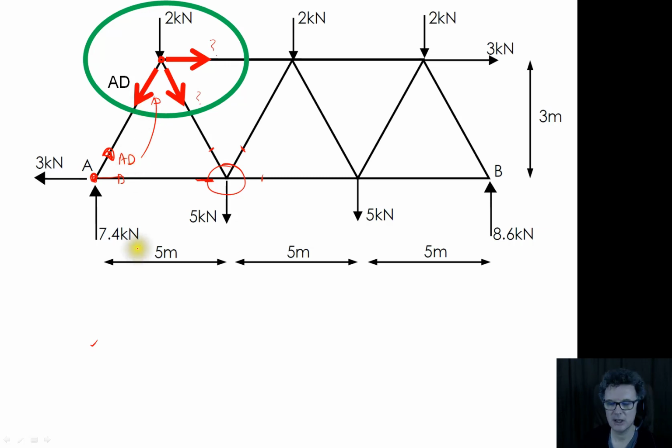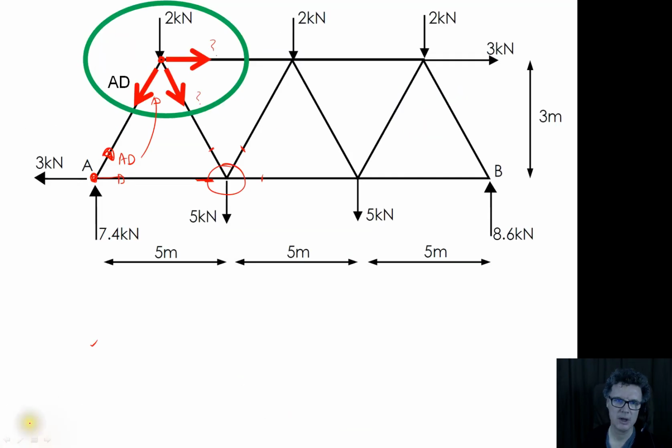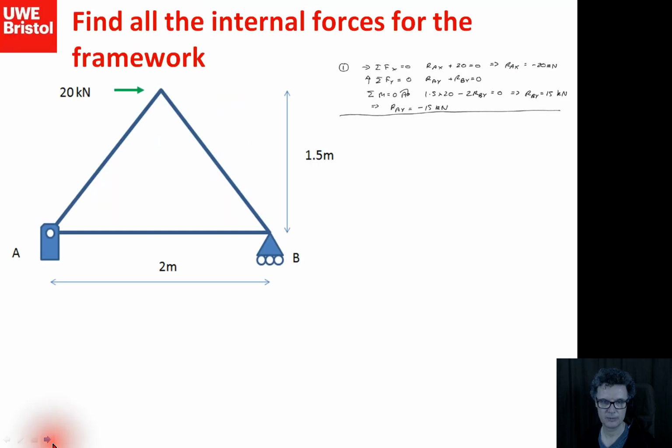Note that AD, I think AD was minus, wasn't it? AD is a negative value. So AD is a negative value pointing this way, and AD is going to be a negative value pointing this way. It's not absolute directions, it's relative directions to where the joint is. Okay. So then we could go around the framework and find all the internal forces in my framework using this method of section approach.